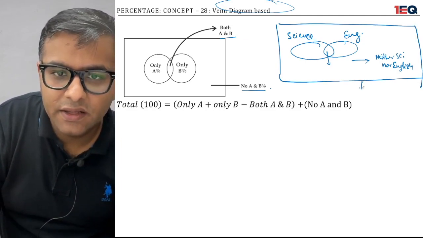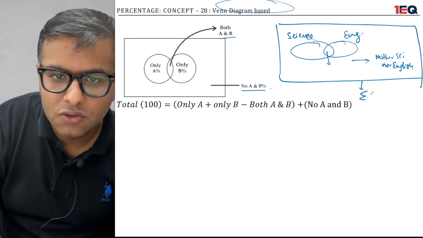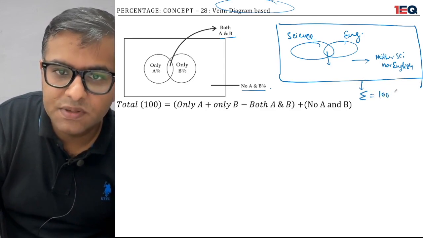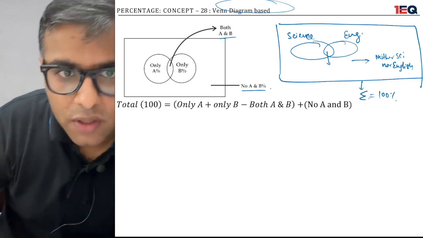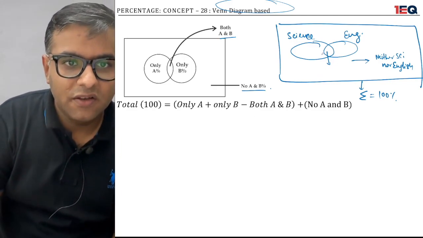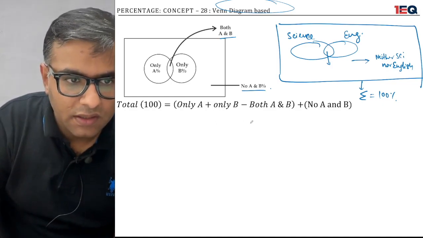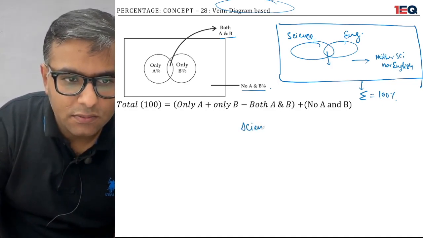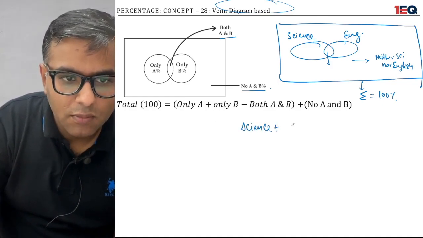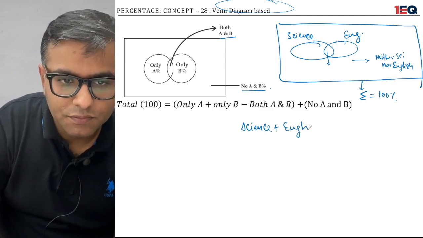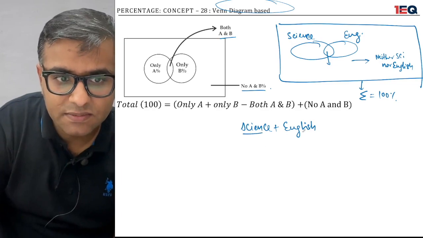This entire thing, the summation, should be equal to 100%. So if I need to find out how many students like a subject, then I can say science plus English.